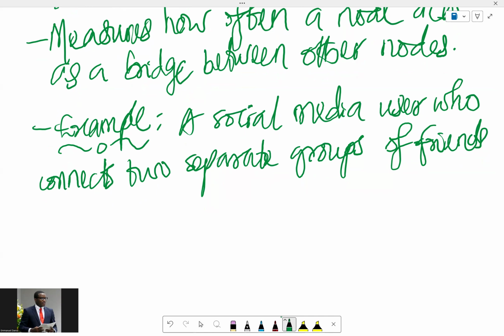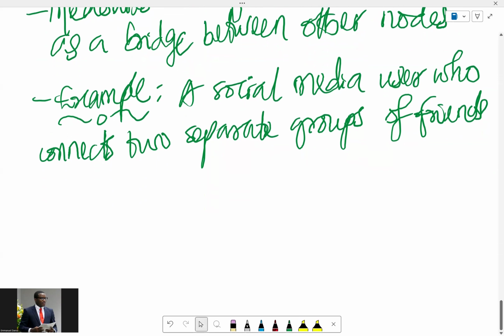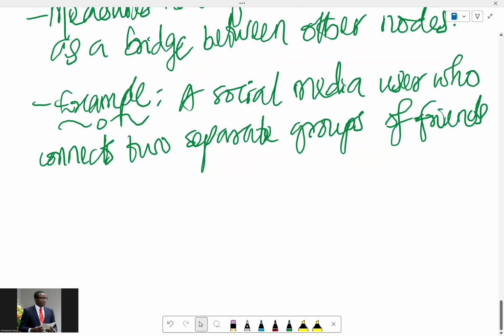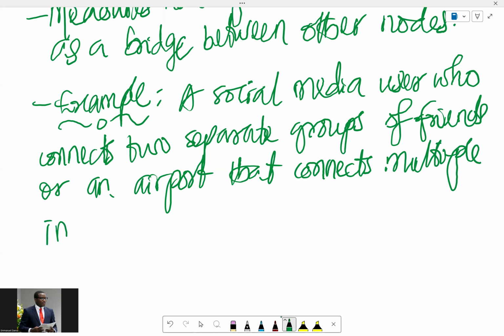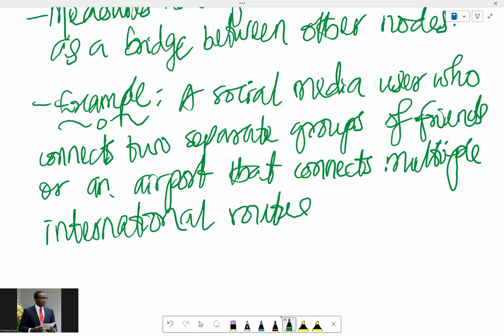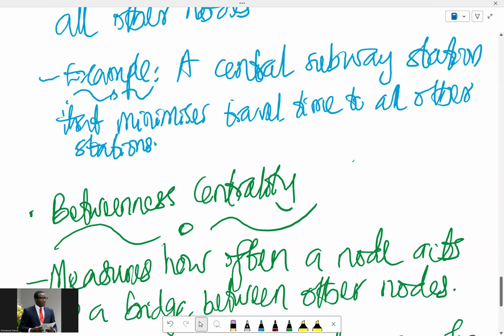Many times I go on a very popular person's page or group's page, and I see some of my friends have liked things there before. That can even be an opportunity for me to connect with them. So a social media user who connects two separate groups of friends, or an airport that connects multiple international routes. That is betweenness centrality.